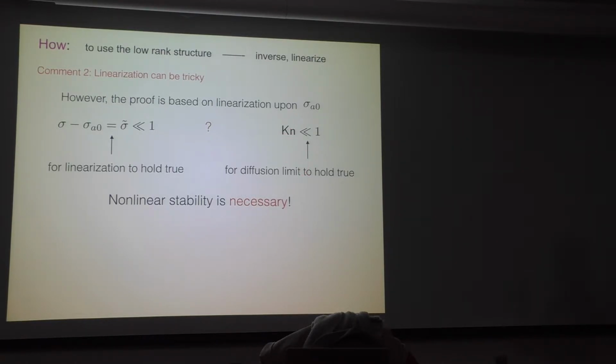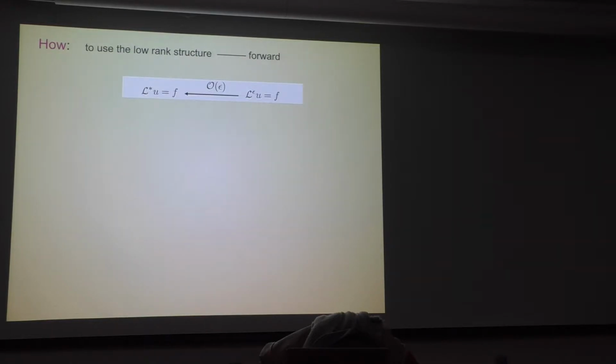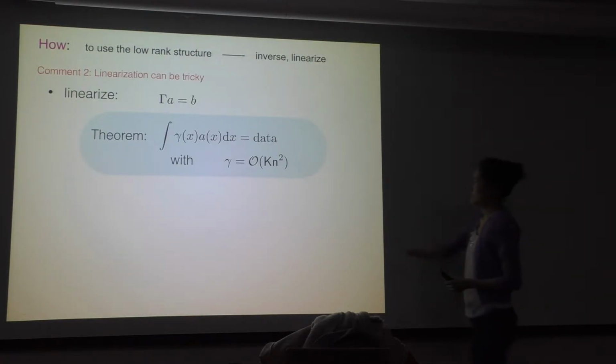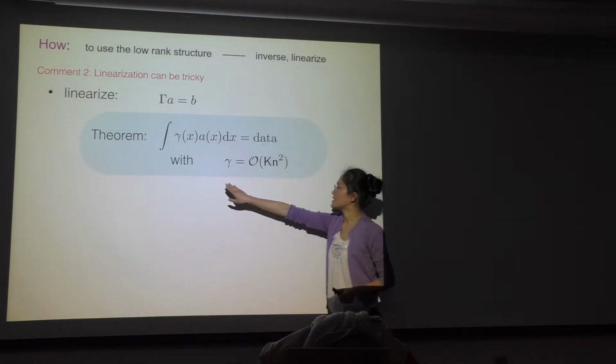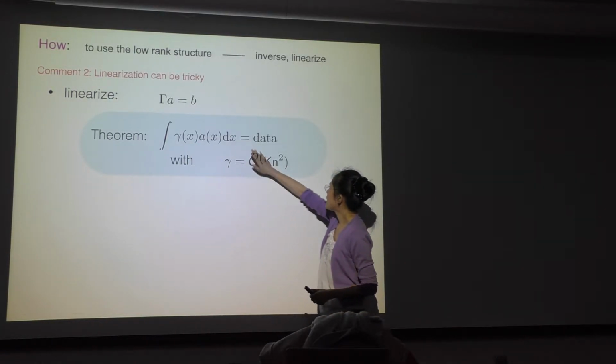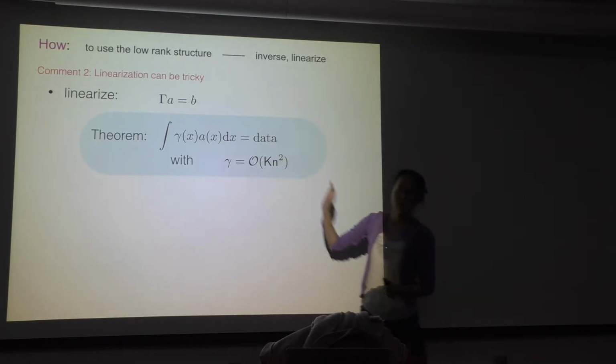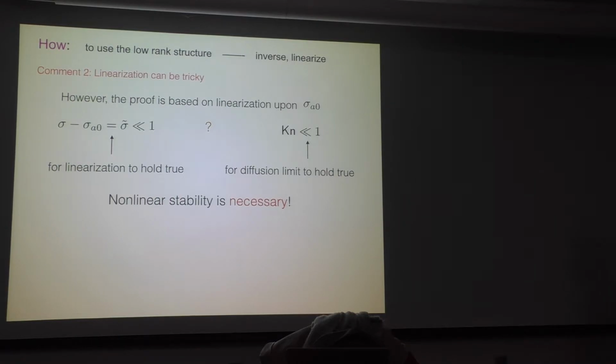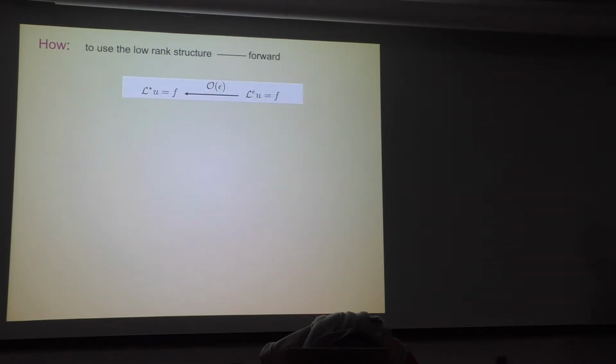So there are two smallnesses you have to compare that make the linearization very tricky. But let's not talk about the details. In the end, this is the final result, in the sense that this guy gets extremely small, so it enlarges the perturbation in an algebraic fashion. Okay, so the inverse problem becomes bad, meaning the forward problem should be a good one.